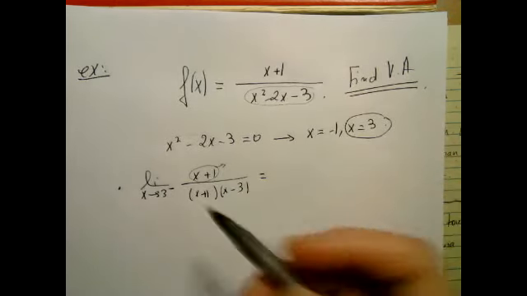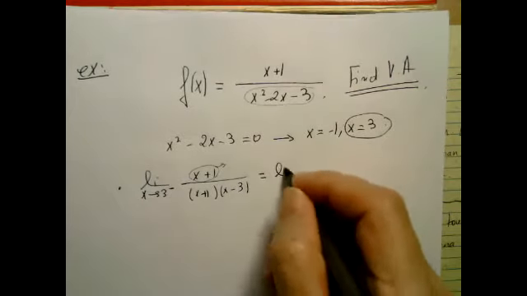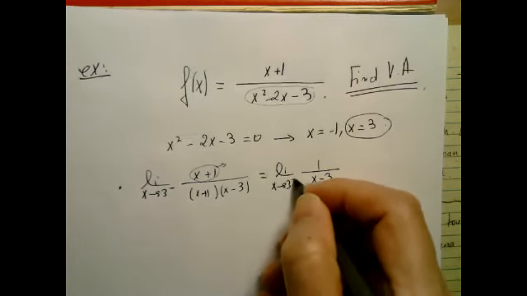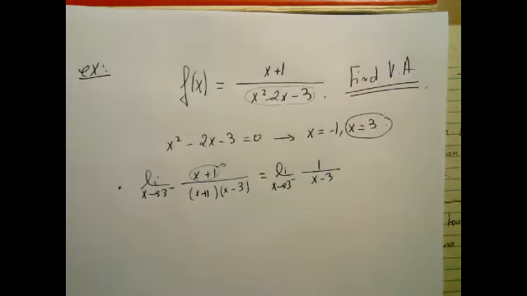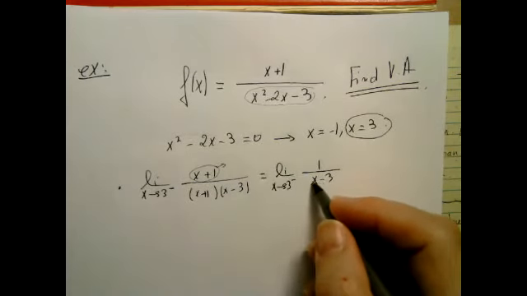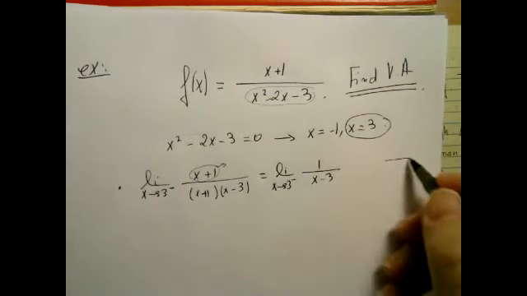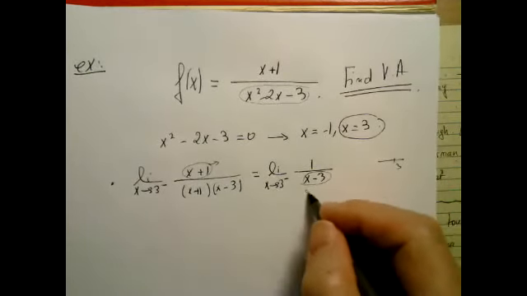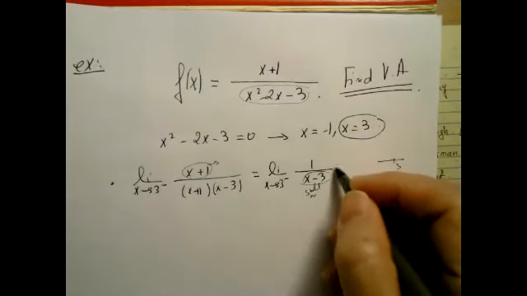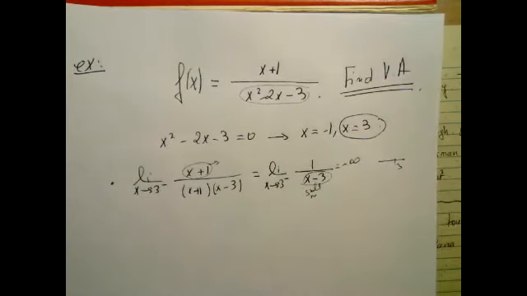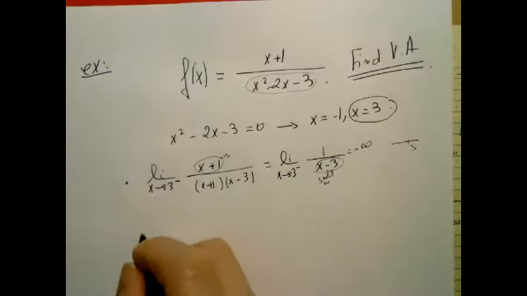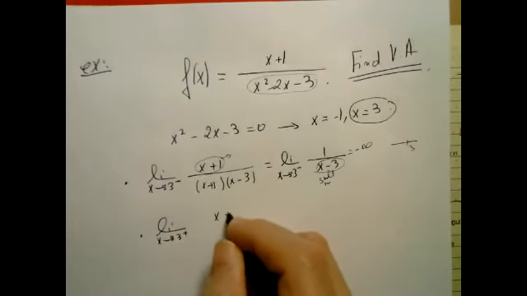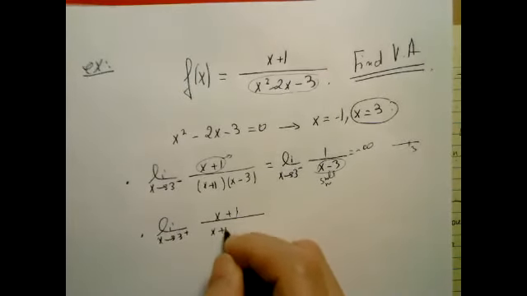This is basically the limit of 1 over x minus 3 as x becomes close to 3 from the negative, because I can simplify by x plus 1. And now 3 from the negative means 2.9, something like that. So this is going to become a small negative. This is going to become minus infinity. So I definitely have an issue, an asymptote there. Now, when x becomes close to 3 from the positive, I do verbatim the same.